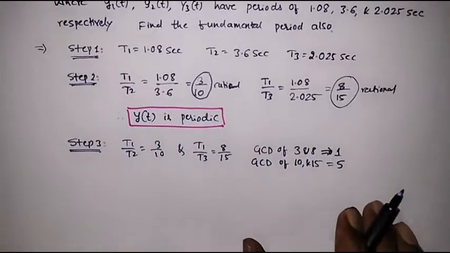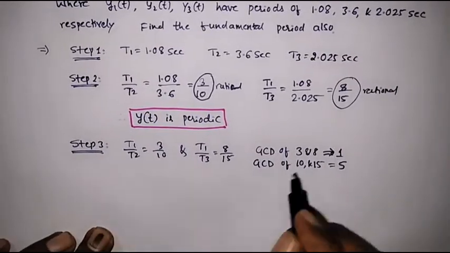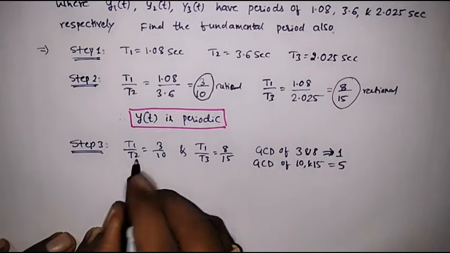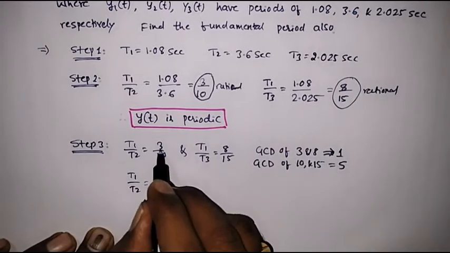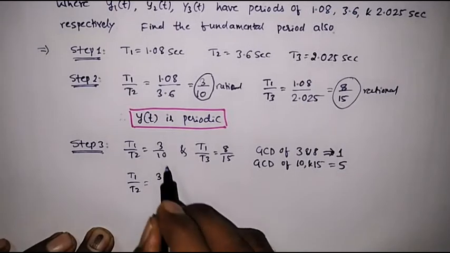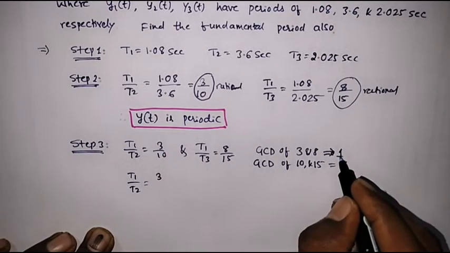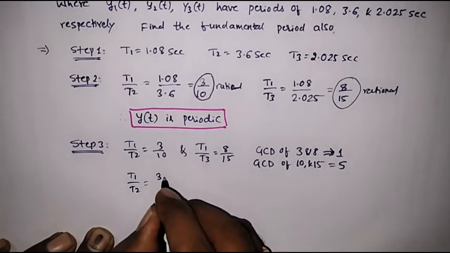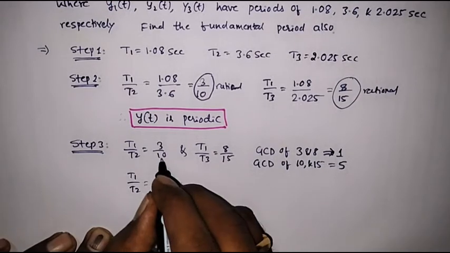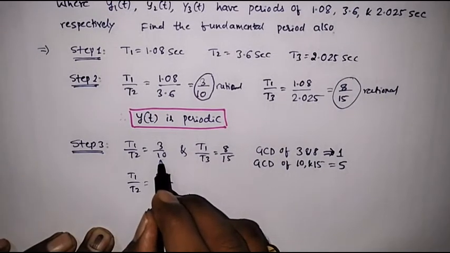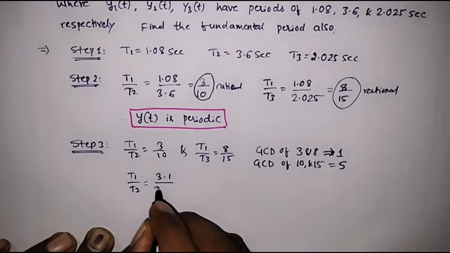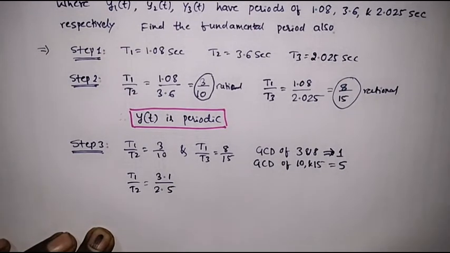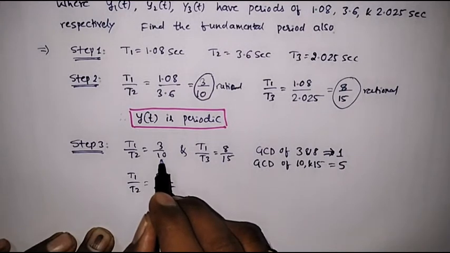After that we are supposed to represent these ratios in terms of GCD values, that is here T1 by T2 is equal to 3, that is the numerator, its GCD is 1, so I can write it as 3 into 1 divided by 10. I can represent 10 in terms of the GCD as 2 into 5, because 2 into 5 will give 10.